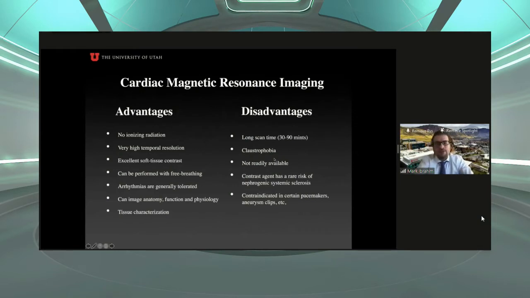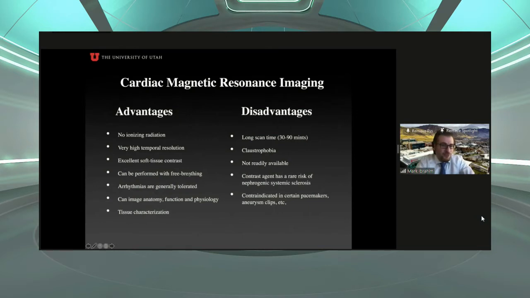On the other hand, if you consider another cross-sectional imaging modality, there's cardiac MRI, which has multiple advantages over CTA and also some disadvantages. The main advantages are no ionizing radiation and no iodine contrast, which matters if the patient has a severe contrast reaction to iodine.